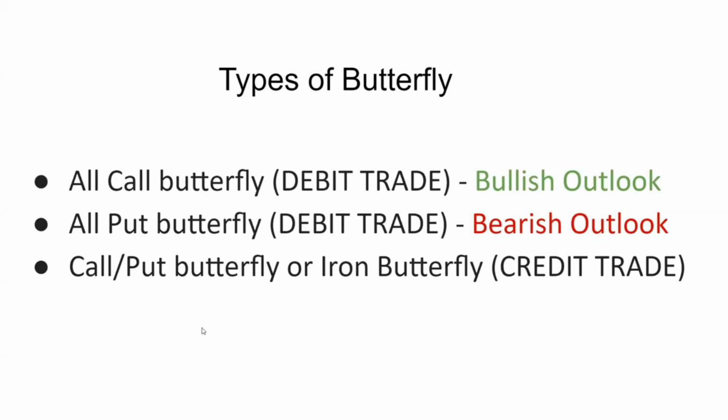So the first thing that we need to understand is that if we're trying to put on a trade and our outlook is bullish, we have to use all calls to construct the butterfly. And if our outlook is bearish, we're going to use all puts to construct a butterfly.